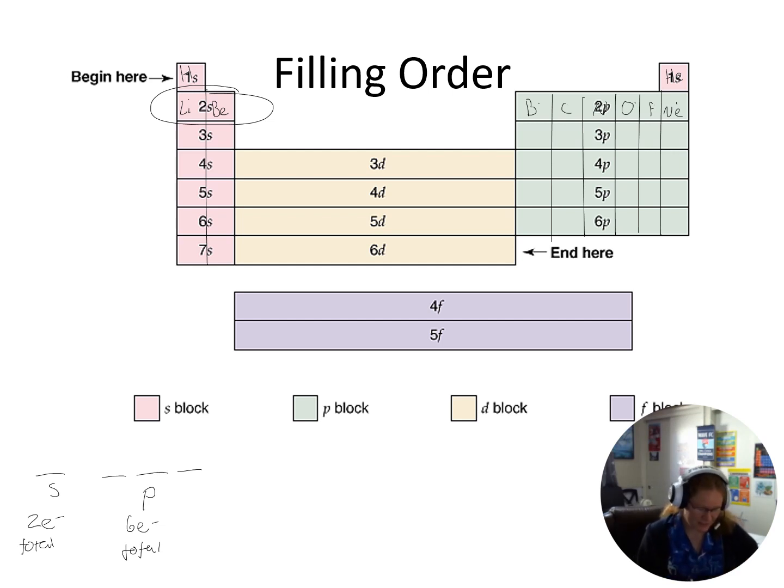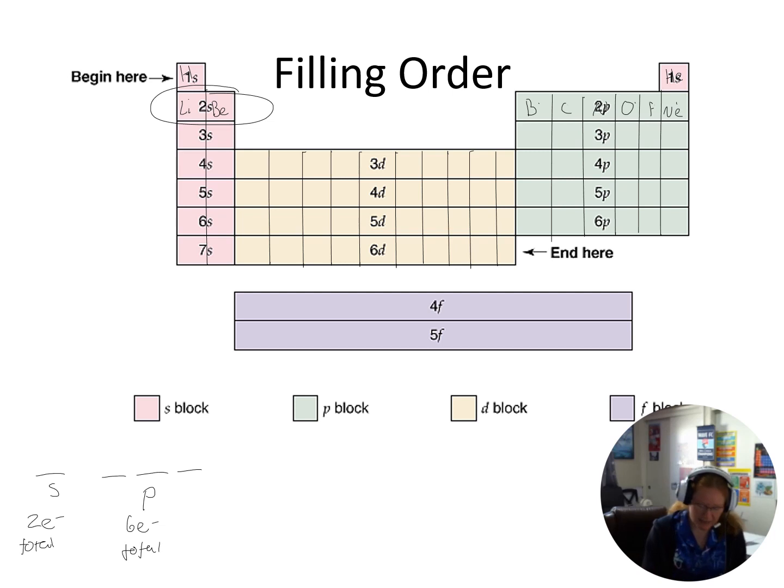Now D, let's see how I do spacing this out. Not very well. Whatever. It's just to illustrate this. 1, 2, 3, 4, 5.